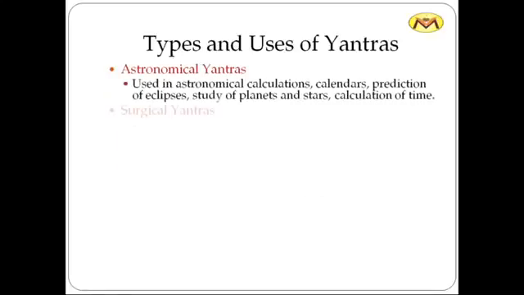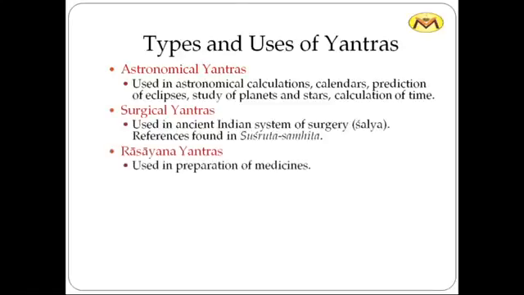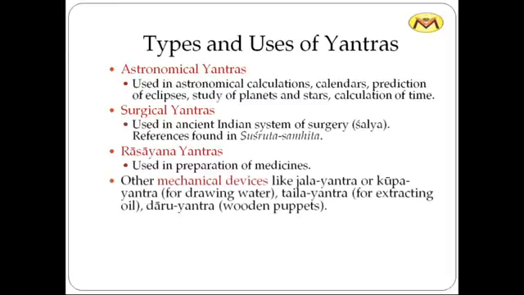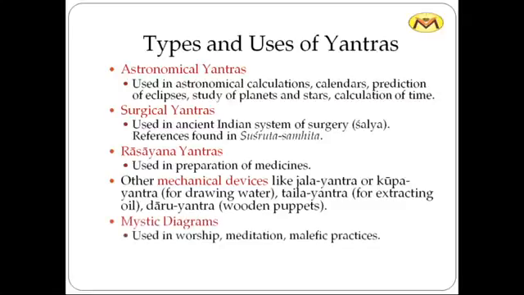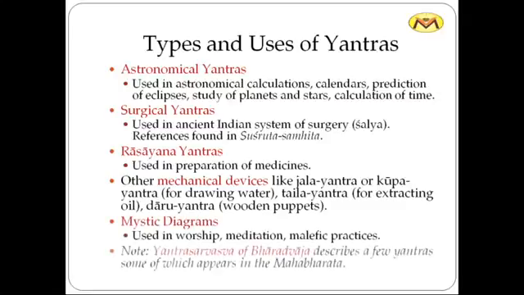In the presentation, I have put up some different types of yantras so that those who are interested can go through it in detail later on. There are astronomical yantras, surgical yantras, rasayana yantras, which are used for preparation of medicines, and mystic diagrams.